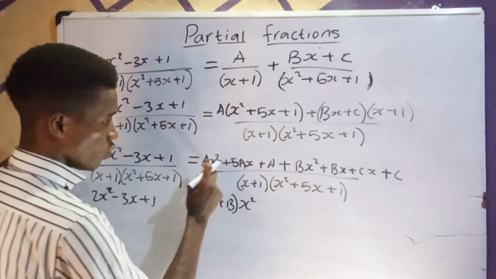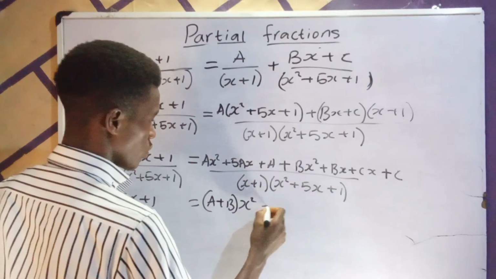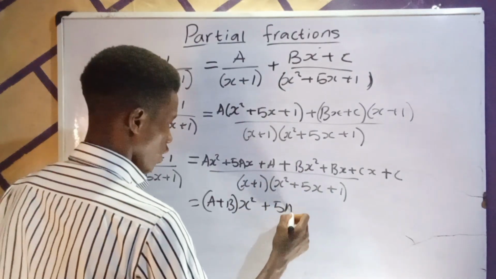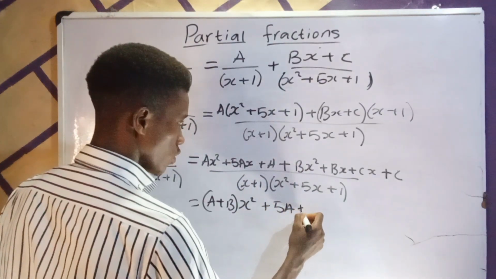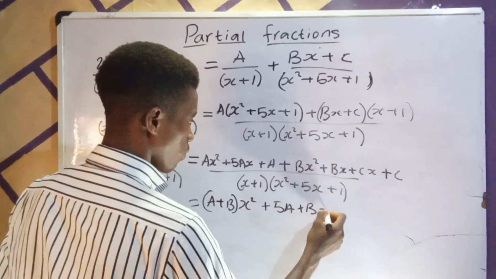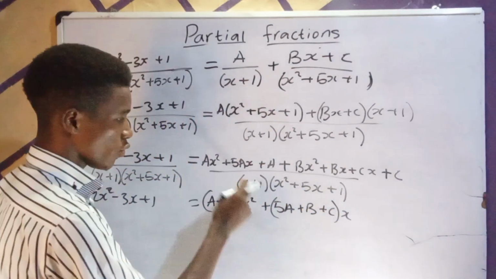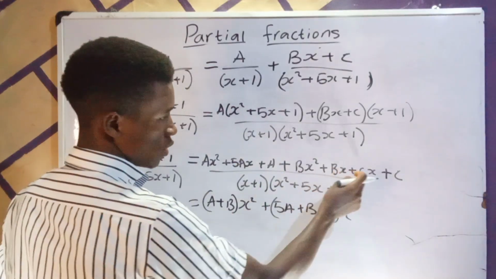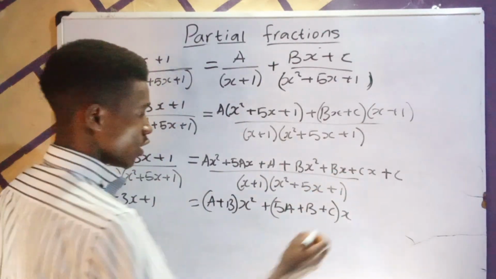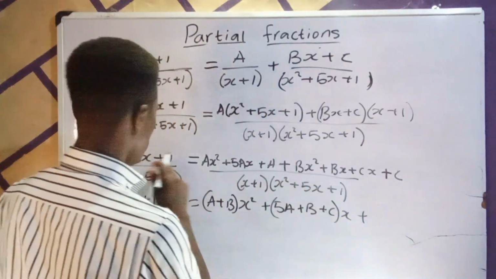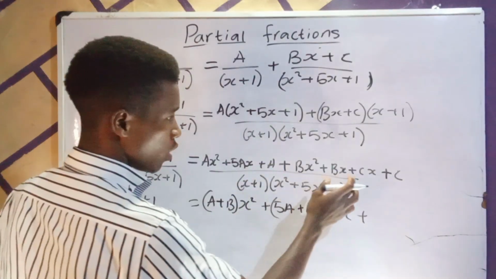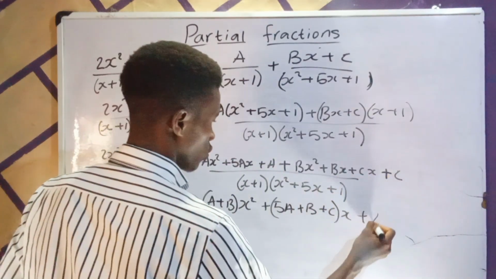We have a plus b. We are collecting like terms now. Plus (5a plus b plus c) x. These are the coefficients of x, right? When we collect 5a, b, c, right? Then the constant term, that is a and c. A plus c will give us what?